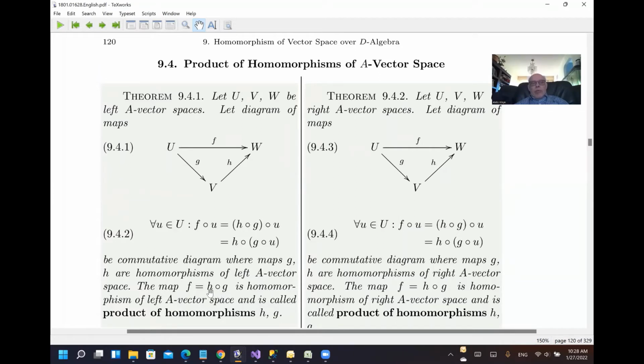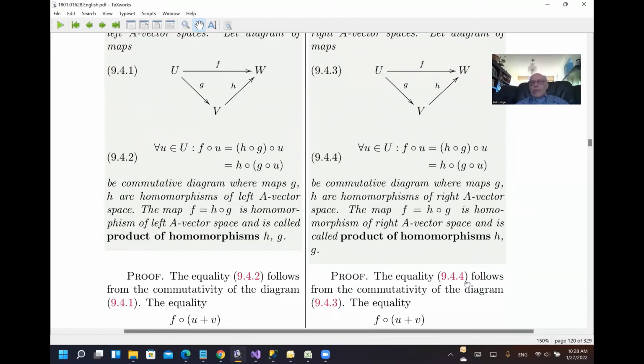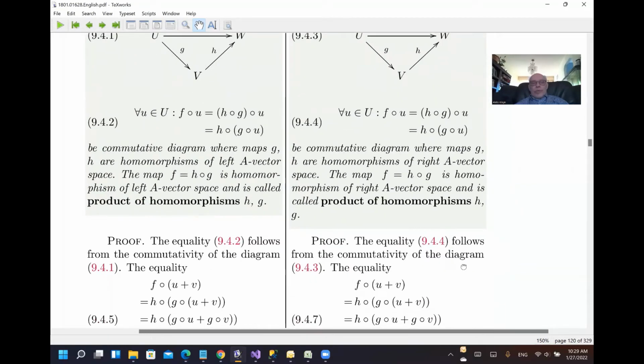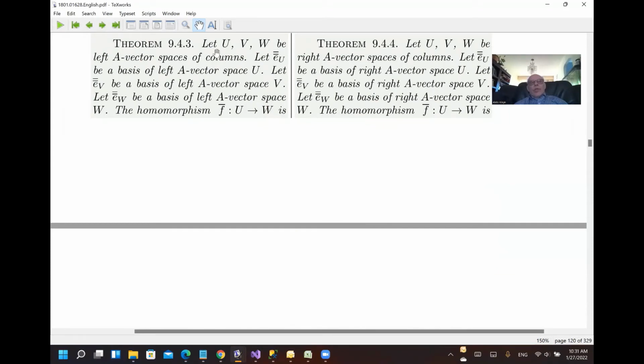The map F is a homomorphism of left A vector space and is called the product of homomorphisms H and G. Let U, V, W be left A vector spaces of columns.